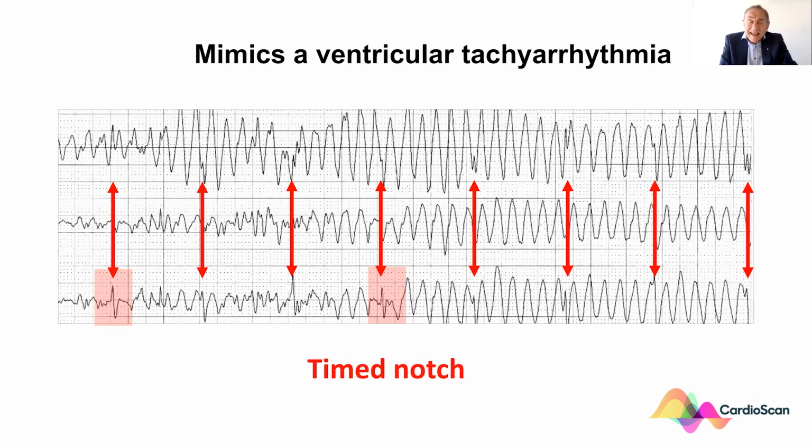This is very subtle, but it is very important to diagnose it. One can imagine a patient with syncopal episodes with this on the Holter monitor ending up with a cardioverter defibrillator. And I wonder how many of these are implanted each day throughout the world for just artefact.